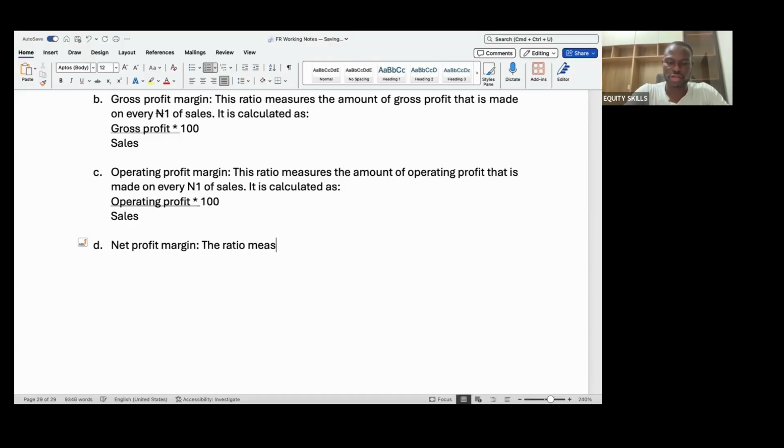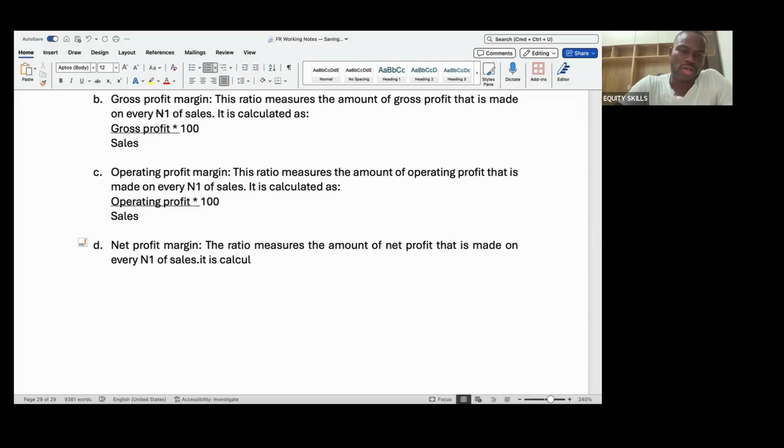This ratio measures the amount of net profit that is made on every 1 naira of sales, and it is calculated as profit for the year or profit after tax divided by the sales, of course, multiplied by 100 over 1.